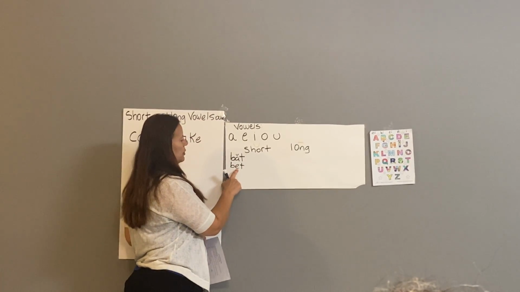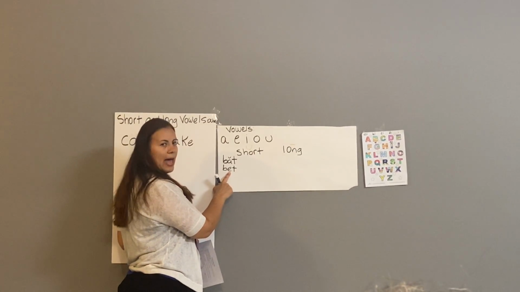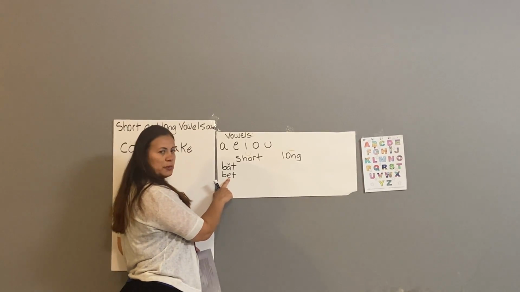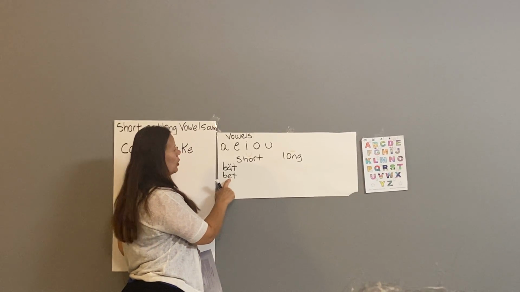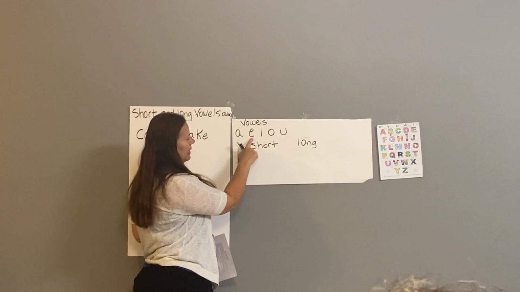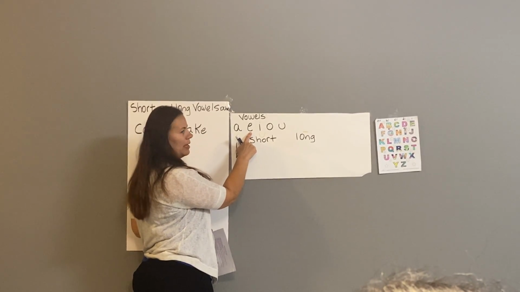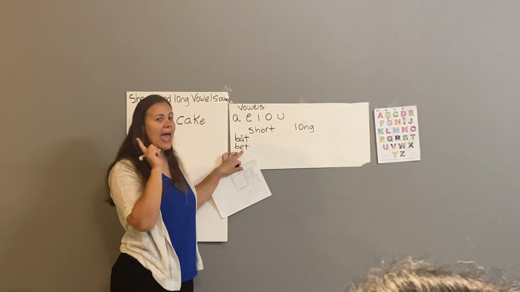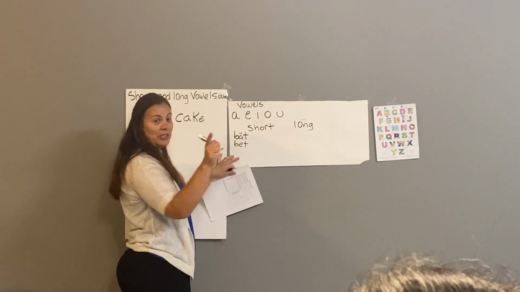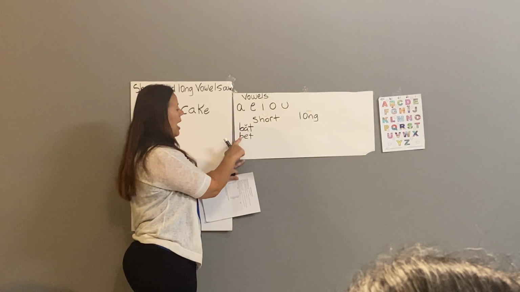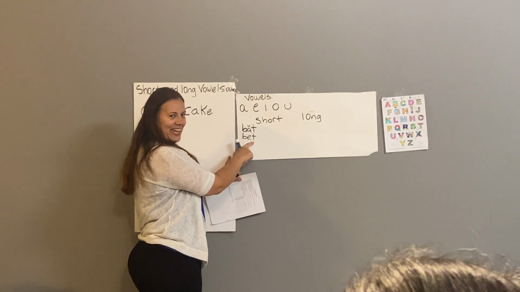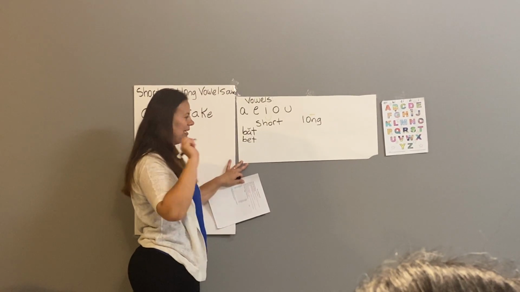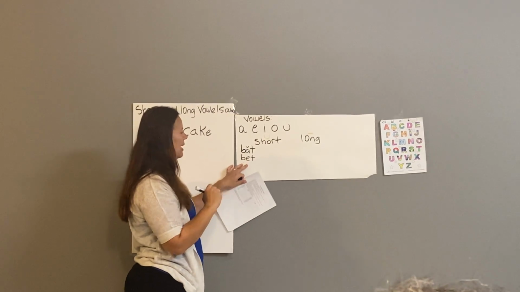Okay? Now what about this word? How would you pronounce this word? Beat. Remember, how many vowels do we have here? 1. So what is the short sound for vowel E? Let's remember the short sound for letter E. Eh. So this is why we say bet, like betting.